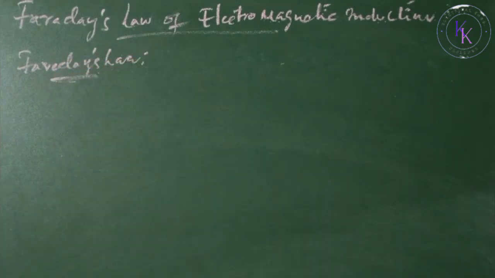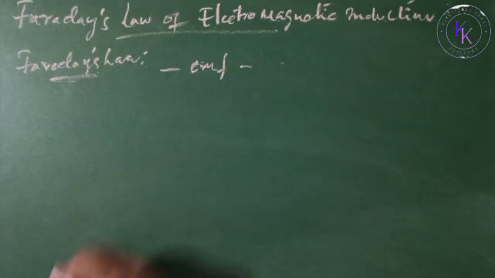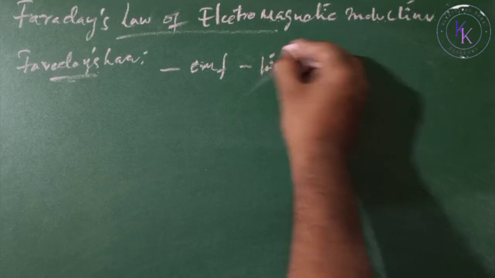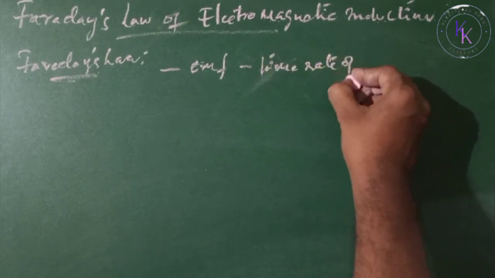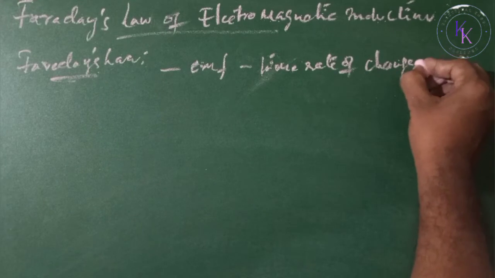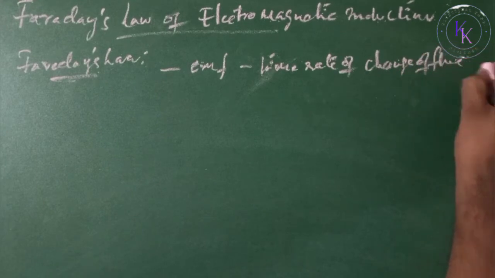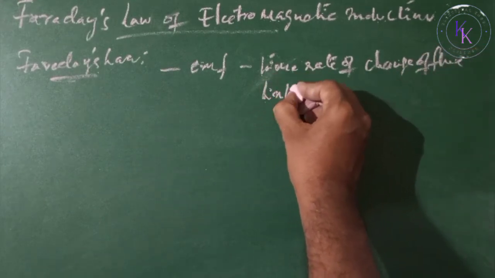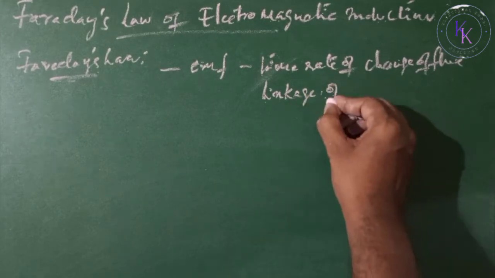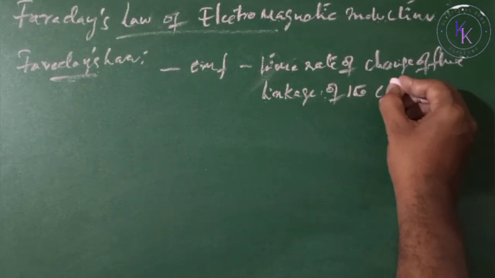Faraday's law states that the electromagnetically induced EMF is equal to the time rate of change of flux linkage of the coil. EMF equals the time rate of change of flux linkage of the coil.